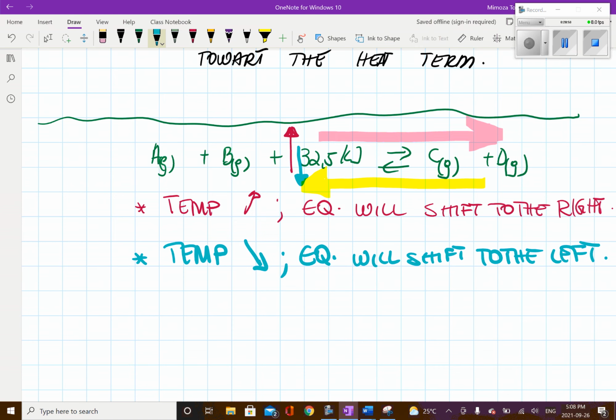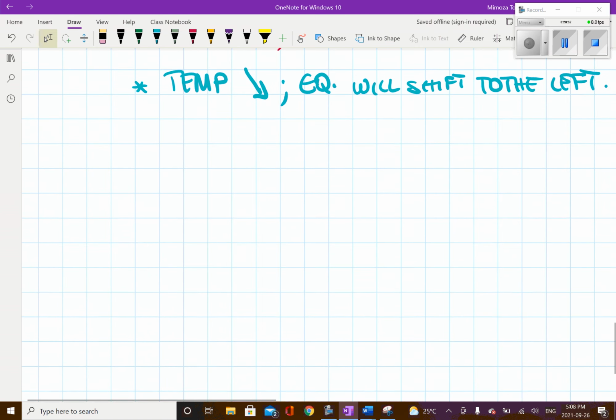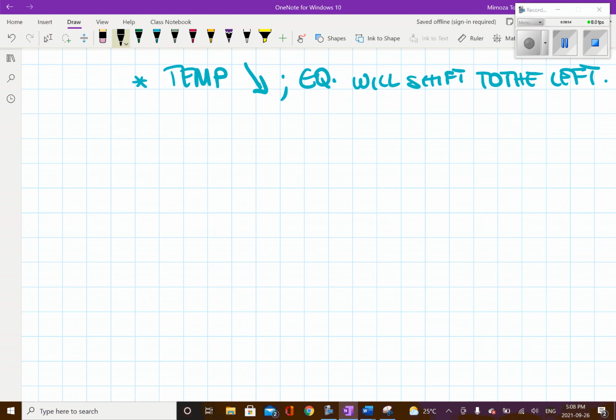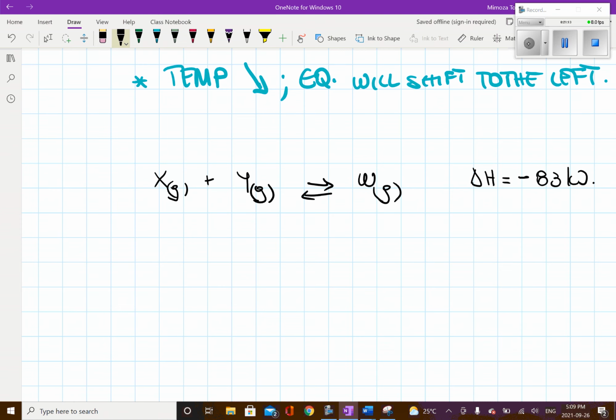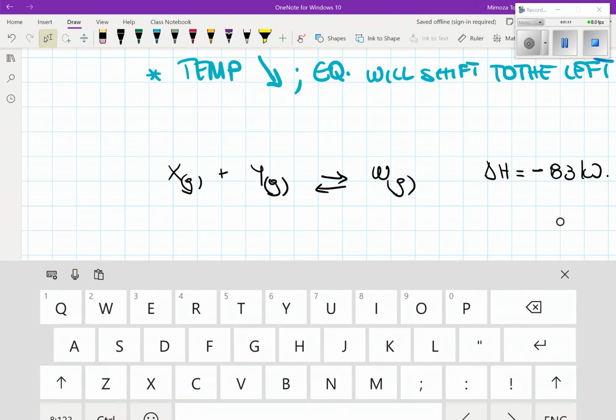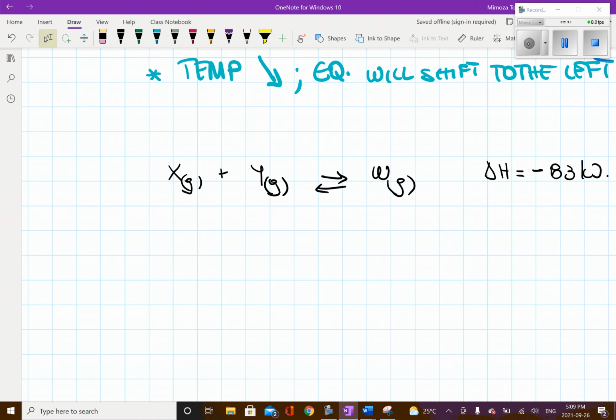Okay. However, if you now have an exothermic reaction, something like this, X gases plus Y gases gives you W gases, and then delta H is negative, let's say 83 kilojoules. Now, what you see here is that the heat of the reaction is written outside the reaction.